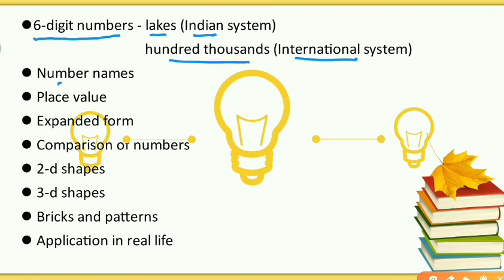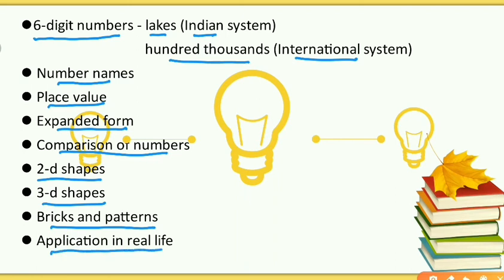We have done the number names in both Indian and international systems, the place value in the Indian system, expanded form of the number, comparison of 6-digit numbers, 2D shapes, 3D shapes, bricks and patterns, and application in real life, that is the word problem.